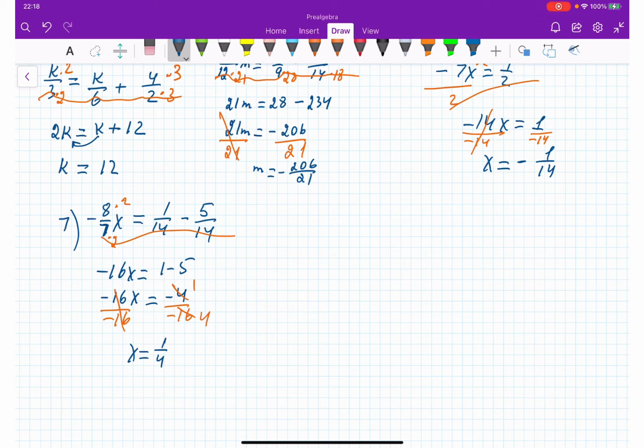Question number 8. x over 3 minus x is equal to negative 2. Common denominator is 3. So 3 here, 3 here, 3 here, 3 here, dropping.